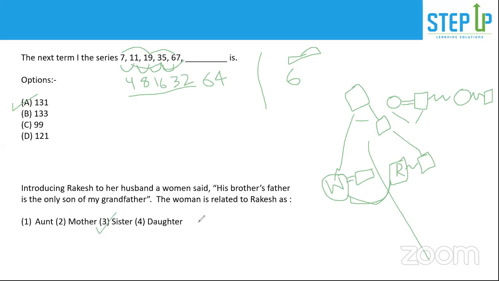Sometimes the UGC NET doesn't frame these questions that well, but anyway it was simple. Basically what you have to do is go step by step. If you try to read the whole statement in one go, you will not get it. His brother's father, that means Rakesh's brother's father would be nothing but Rakesh's father also. Would you agree with me?